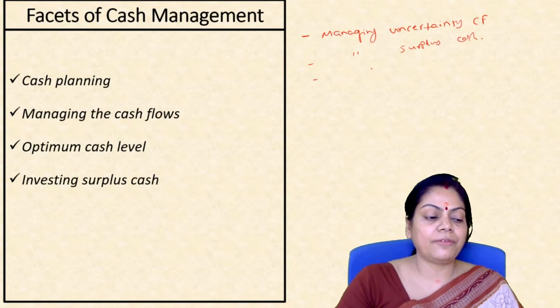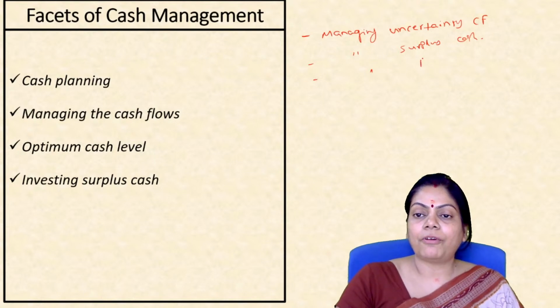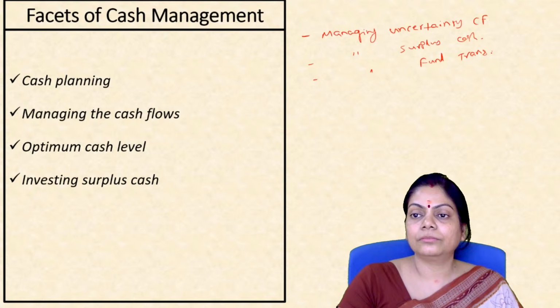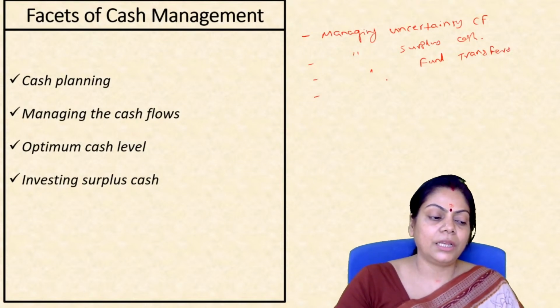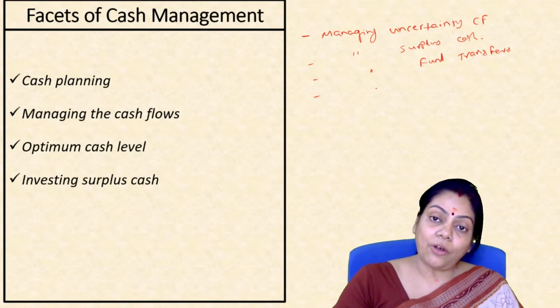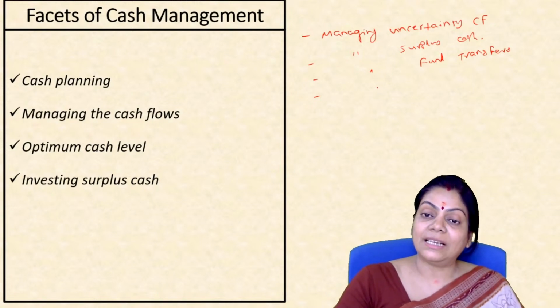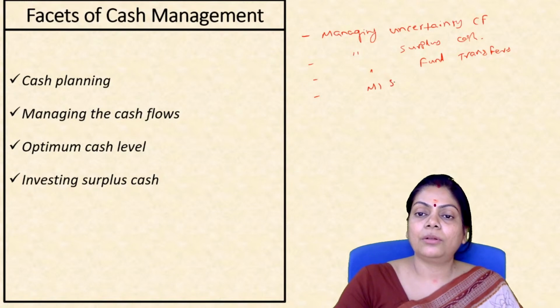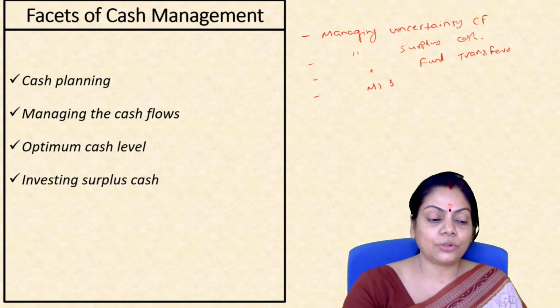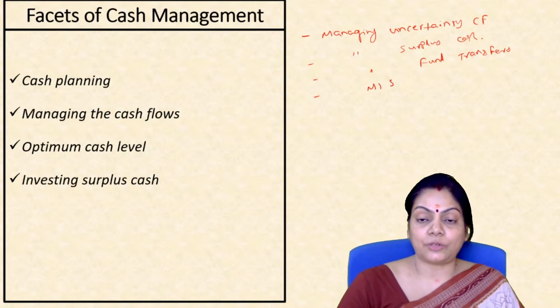Then the third issue is managing the fund transfers. And the last part is how I am going to manage the cash flow inside the organization, so you talk about the MIS part, the MIS in cash management.